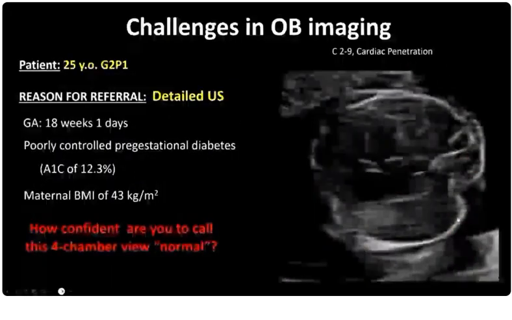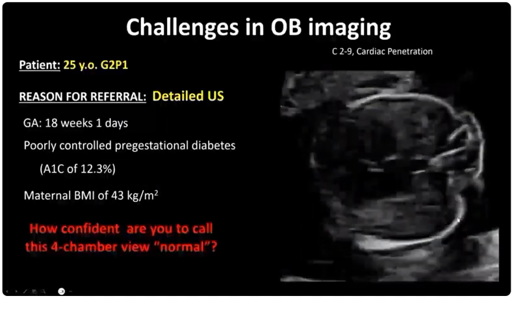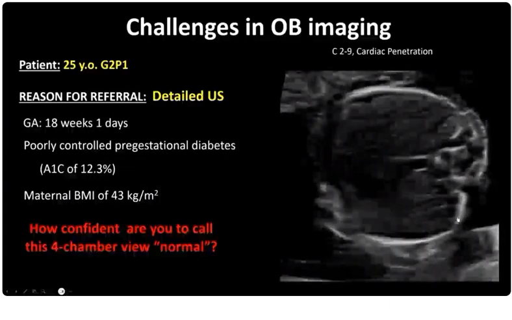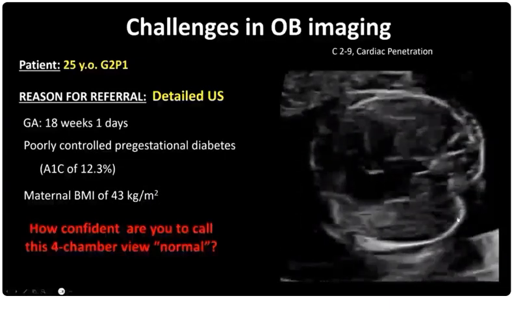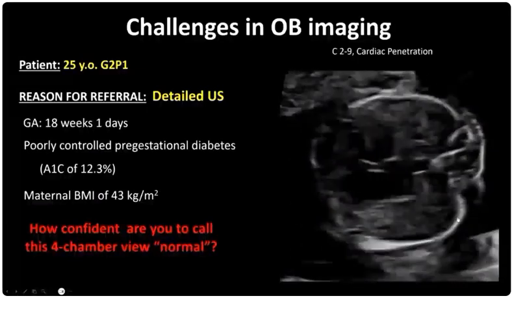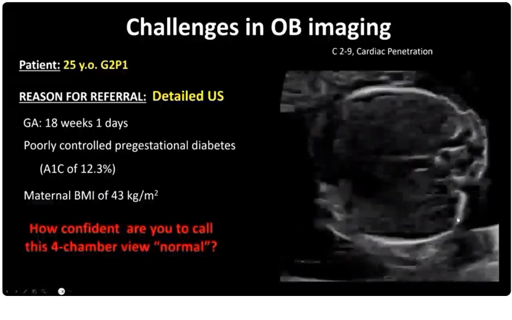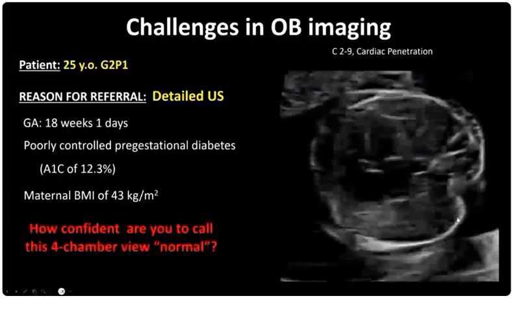So another example, again, a patient with a high BMI and very poorly controlled pregestational diabetes. Those patients are always at risk for congenital cardiac anomalies, when the A1C is over 10. Here you basically face the same question. Can we call this heart normal or is this an abnormal heart?